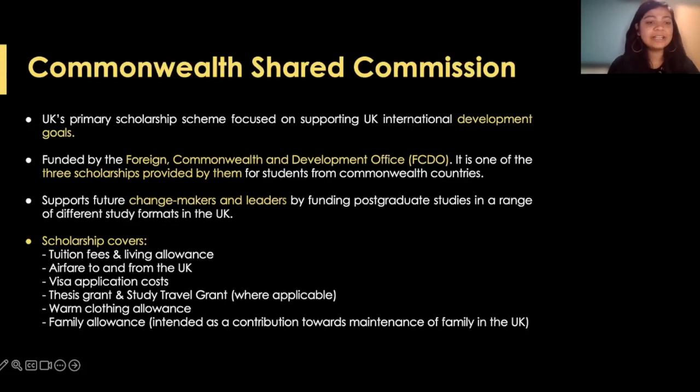The most important part about the scholarship is that it's fully funded, which is to say that it covers your tuition fee, living allowance, airfare, visa, and NHS. It covers your thesis grant and study grant, and gives you a warm clothing allowance and a family allowance if you have a dependent living with you in the UK.